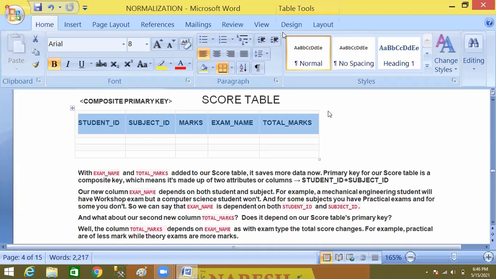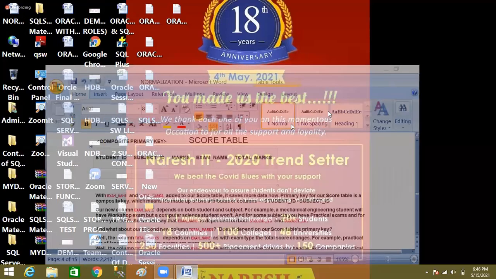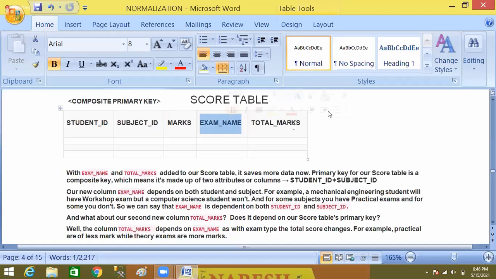So now observe here. Total marks and examination name are the two columns to add in this table.